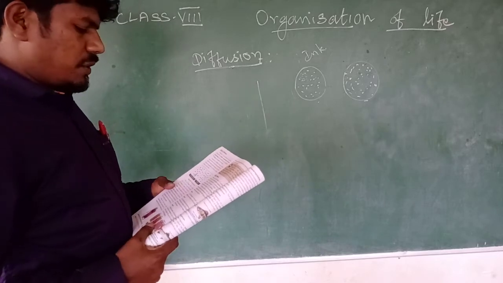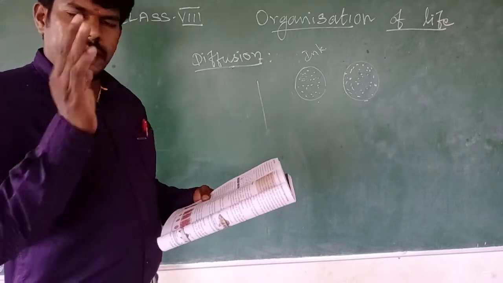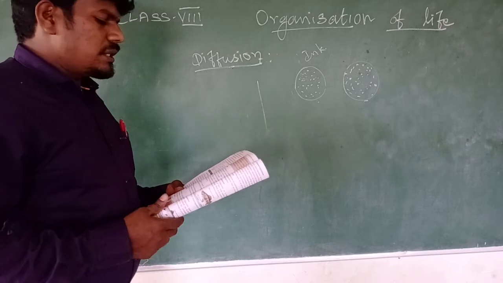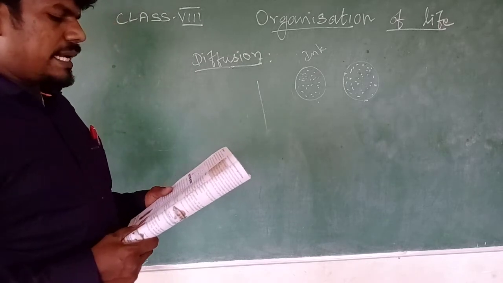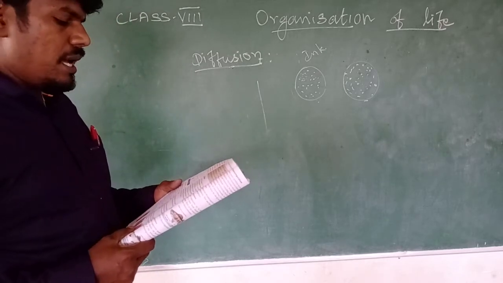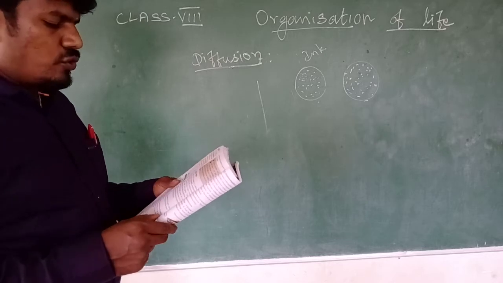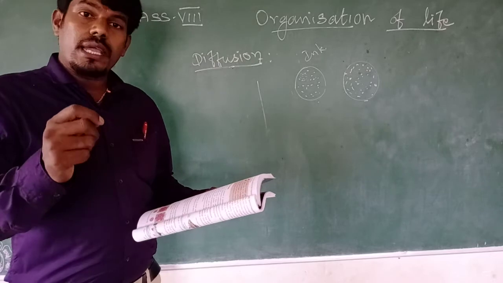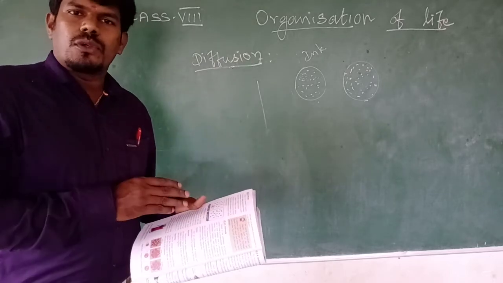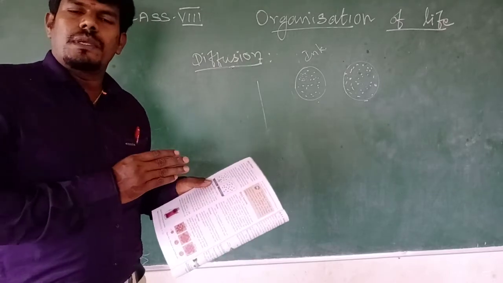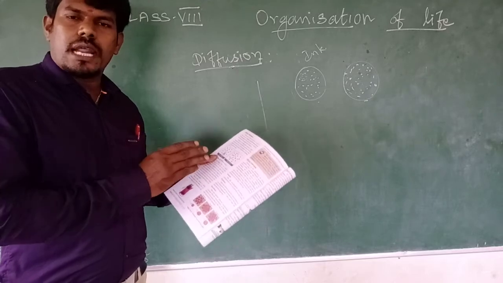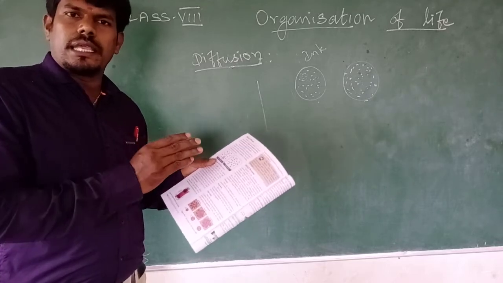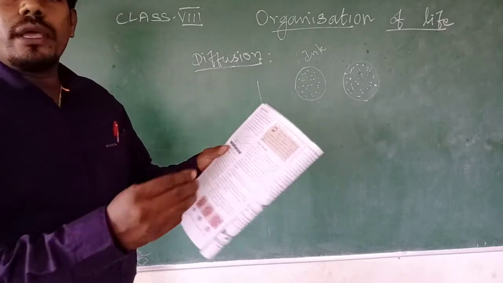And then osmosis. Osmosis is also the same thing, a movement. Osmosis is the movement of solvent particles across a semi-permeable membrane from a dilute solution into a concentrated solution. What did we see in diffusion? Diffusion means particles, gases or liquids travel from higher concentration to lower concentration.